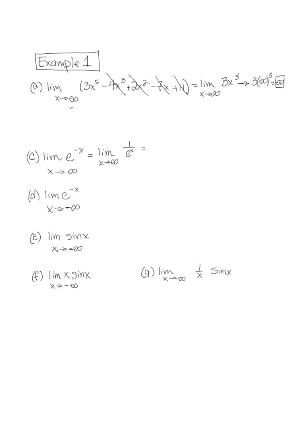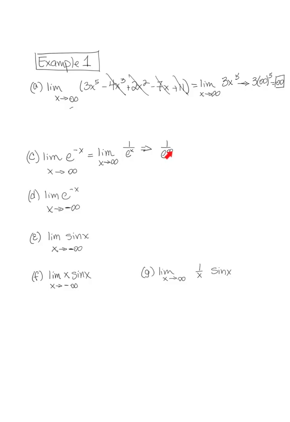I'm just going to plug in infinity for x. Why? Because this says x approaches infinity, so I'm making x infinity. Now let's think about this. e is a number, it's 2 point something.